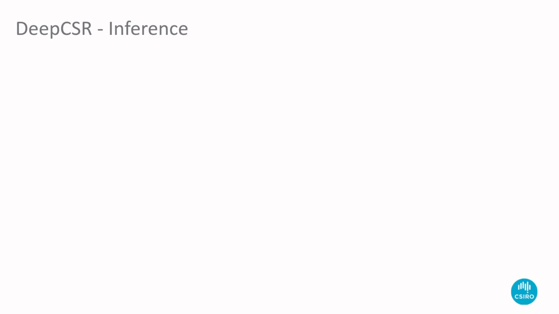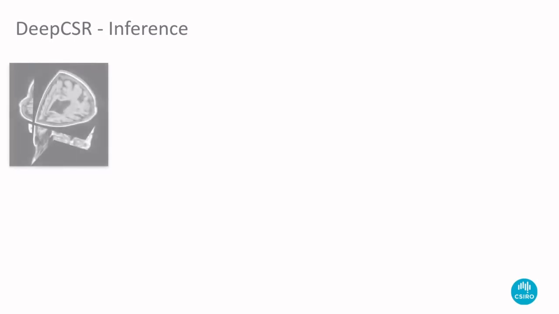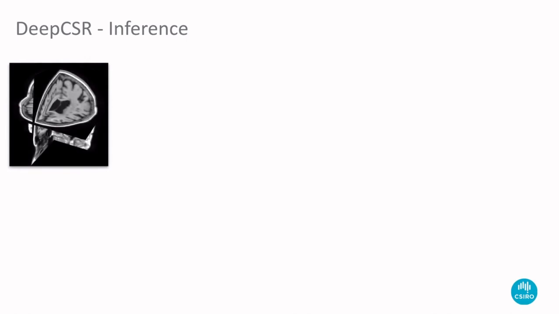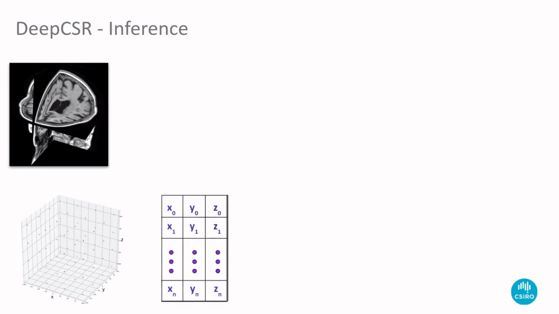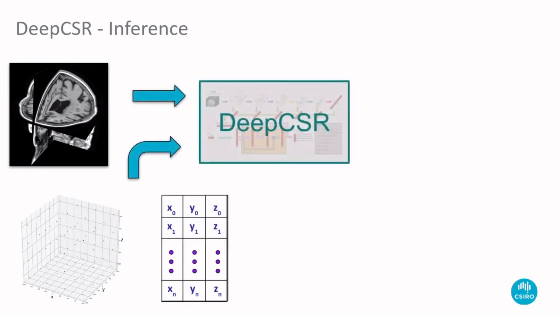Once learned, we use this network to predict implicit surface representations from new MRIs. More specifically, given a new MRI, we sample equidistant points in the brain template and pass their coordinates to the network to obtain the implicit representation of the target surface.